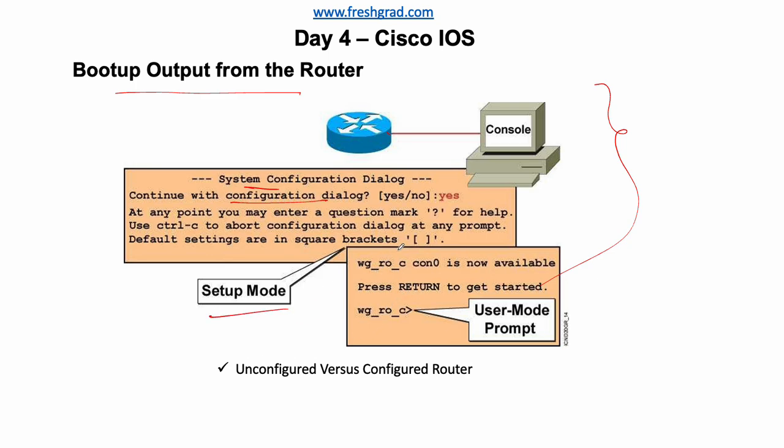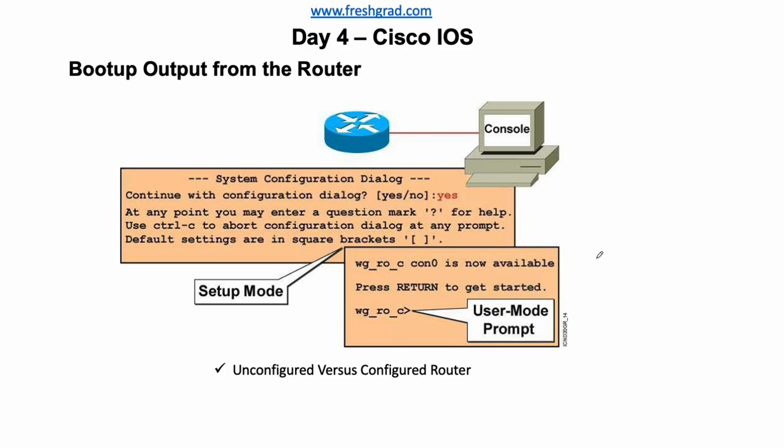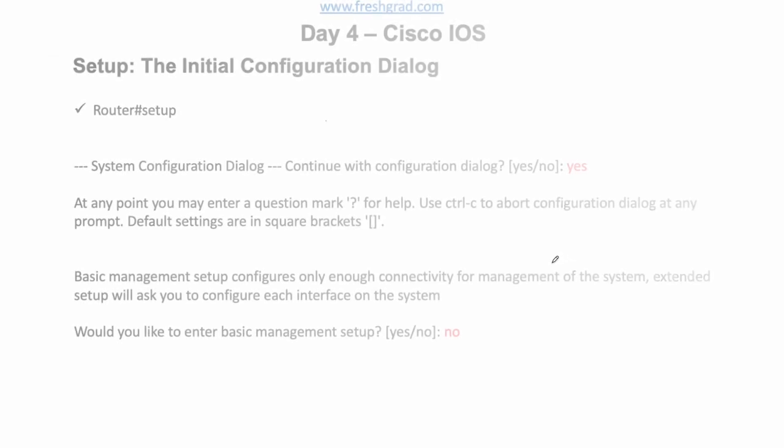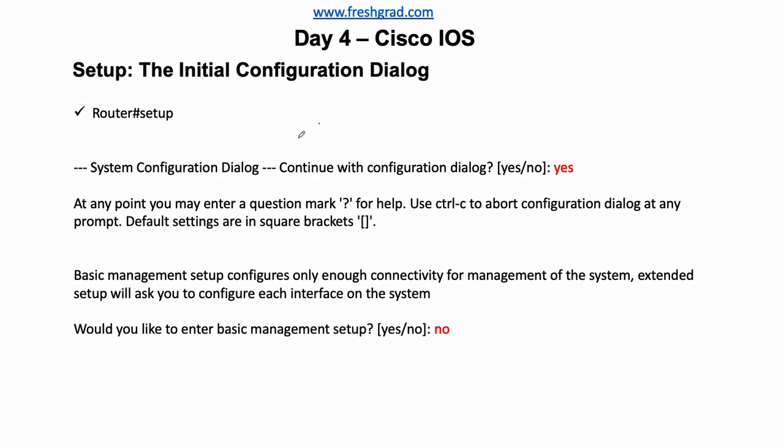You can see the setup mode or user mode prompt, unconfigured versus configured router as well. We'll discuss and see this in the labs. When we set up the static routing labs, we'll see how you configure the routers. In setup, you can type the system configuration dialog.